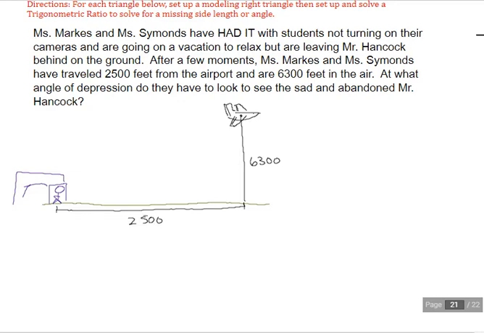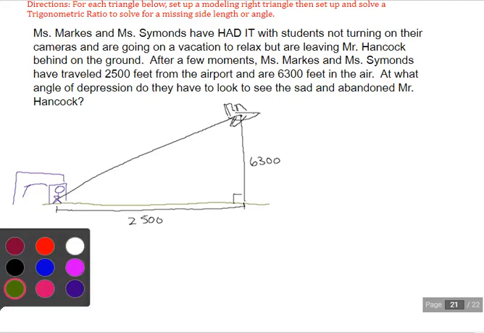Okay, and they look down at Mr. Hancock. Well, that means they're looking from the plane down to Mr. Hancock. Okay, so look at that, we have our triangle. Like I said, if we just draw the situation, the triangle usually evolves.